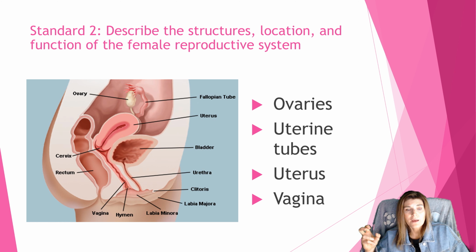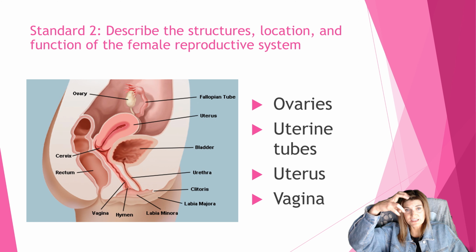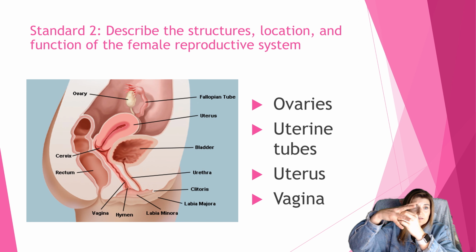So it releases estrogen, progesterone. We create the little egg cells. And you can see that the uterine tube or the fallopian tube has these finger-like projections that sit around the ovary. So the ovary will release an egg, and these little graspy hands will be around it.